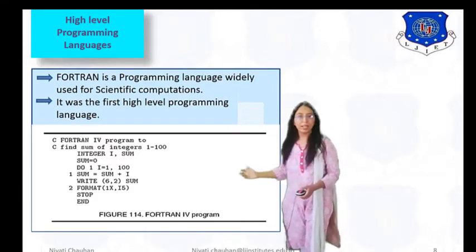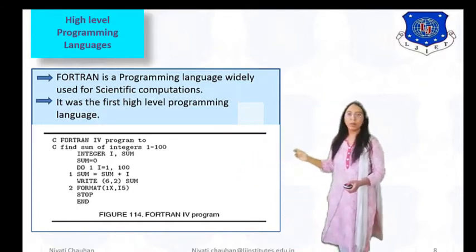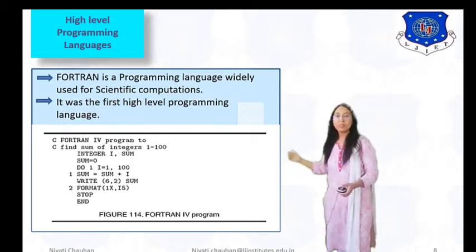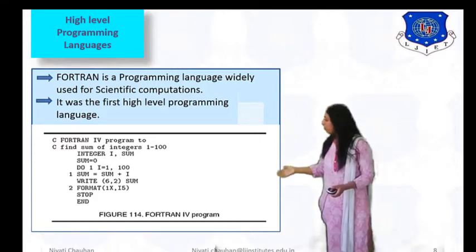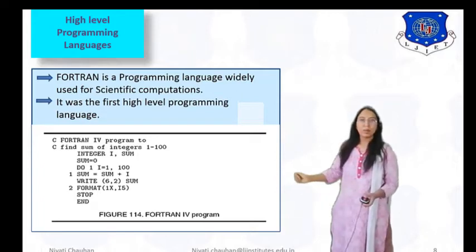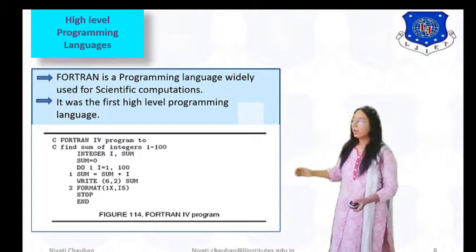Then do I equals 1, 100. Then sum equals sum plus I, and we want to write (6,2), then sum.